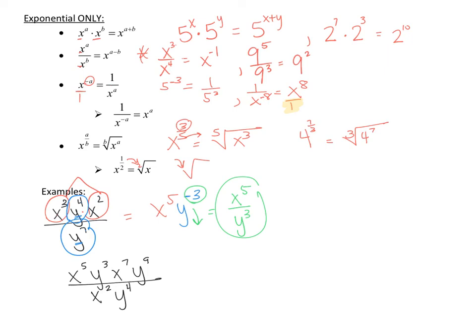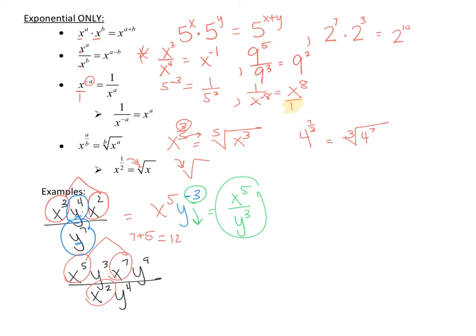All right, so let's see what we need to do here. So I'm going to start matching up the variables. So I've got an x and an x on the top, and then I've got an x in the denominator. So let's deal with the top ones first. I'm going to add those. So I'm going to do 7 plus 5, which is going to give me a 12.